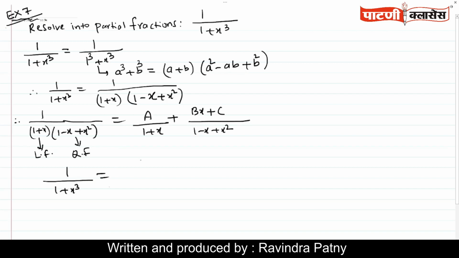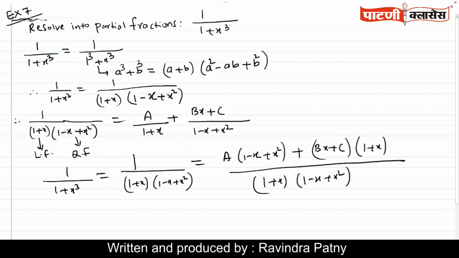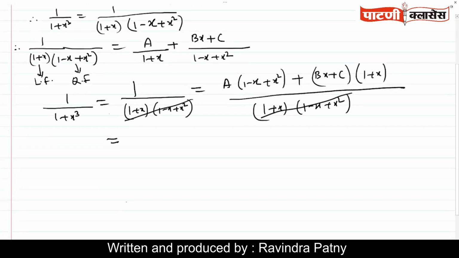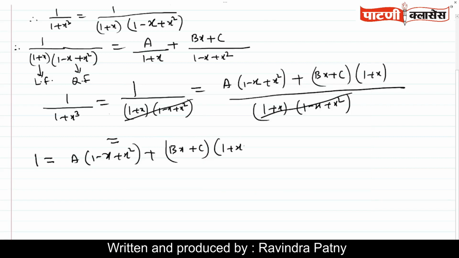Therefore 1 upon 1 plus x cube, that is 1 plus x into 1 minus x plus x square, equals a into 1 minus x plus x square plus bx plus c into 1 plus x, upon 1 plus x into 1 minus x plus x square. Both side denominators are equal, get cancelled. So we get 1 equals a into 1 minus x plus x square plus bx plus c into 1 plus x.